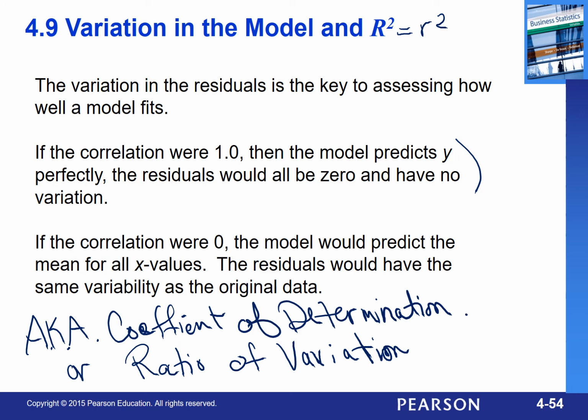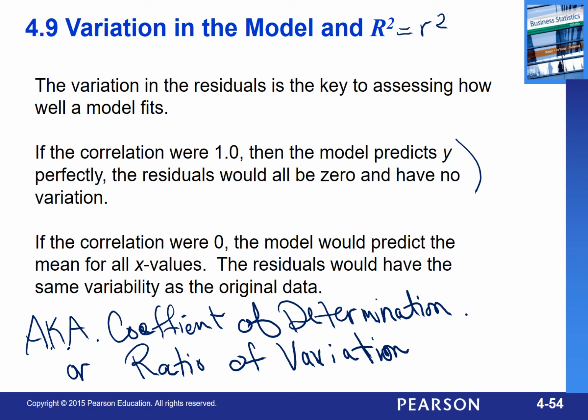And it's also called the ratio of variation. We're going to use that one a little bit more. My terrible math joke about this is, what a difference a square makes!